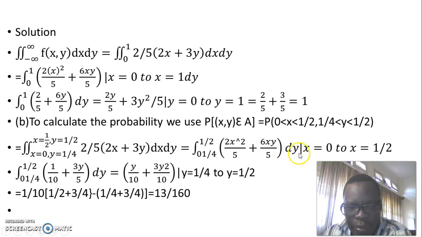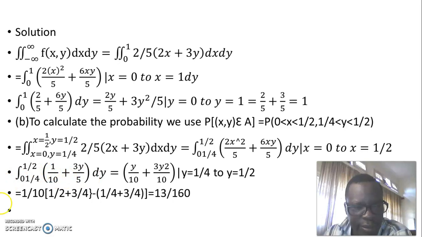But before we do the integration with respect to y, we need to substitute the interval of x between 0 and a half in this expression here. So when we do that, we shall get 1 out of 10 plus 3y out of 5. And this one is what we shall use to integrate with respect to y.